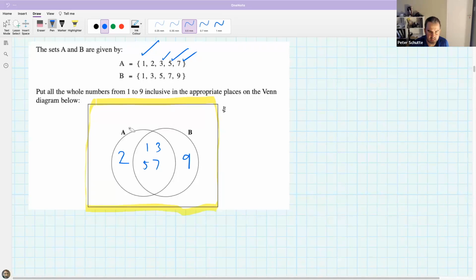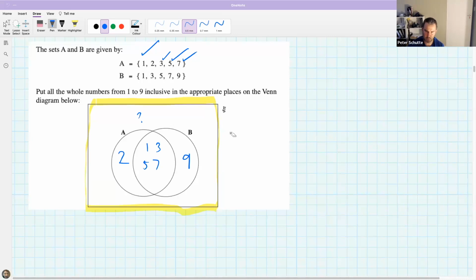Is there anything that's not in A or B? If you look at this collection, is there anything that's not in A? No. Okay, so there's no item that isn't in A or B. All of the items fall in that.